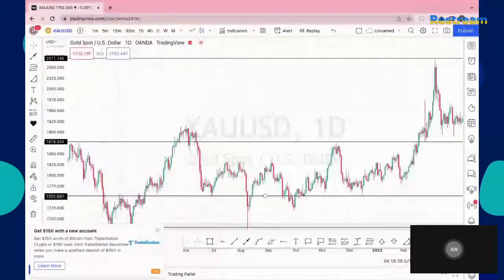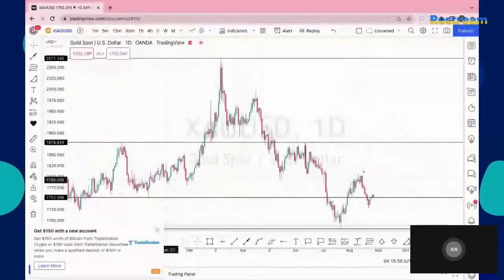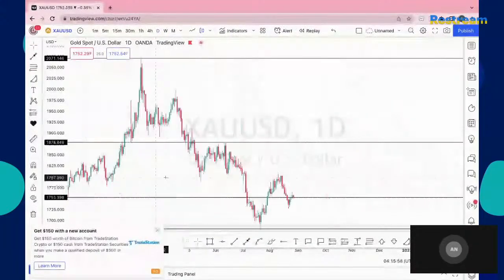We pushed out resistance, created support, broke out, pushed back up. So this was a fake out, came back to retest, broke out, pushed back out, retested, and we went all the way up to 2000.